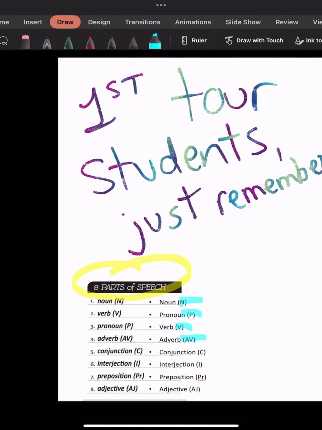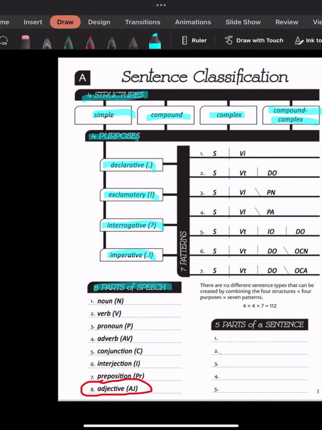And the 5 parts of a sentence, which we will go over in just a minute. The 7 patterns, I keep wanting to leave them out. SVI, SVTDO, SVLPN, SVLPA, SVTIODO, SVTDO-OCN, SVTDO-OCA. And then when we get down here, we'll cover those. If you memorize those pieces of the chart, you are doing more than they expect for Tour 1.